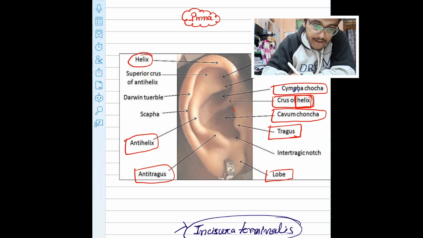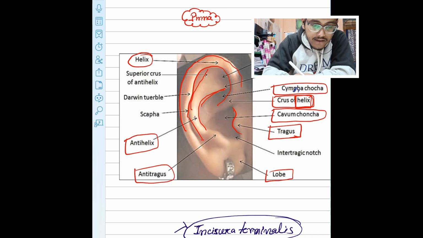Let's give one revision. First is our tragus. Just upward from the tragus is the helix. Just adjacent to the helix, there is another structure going upward that divides into the superior crus and inferior crus.